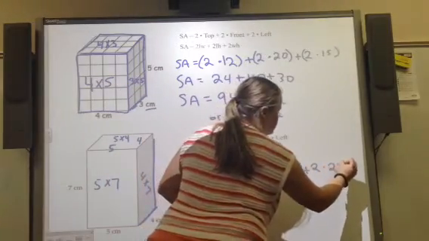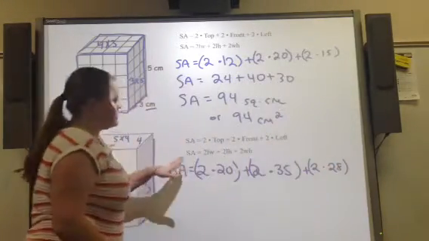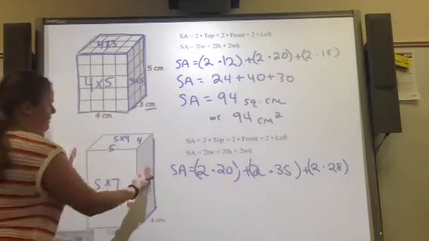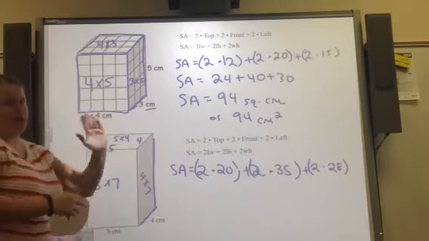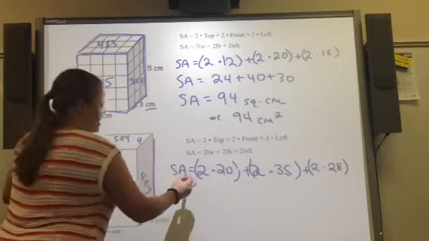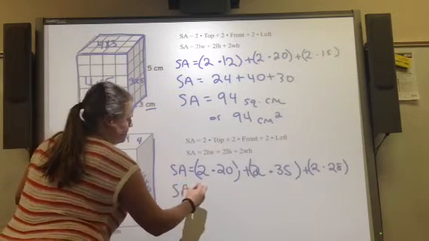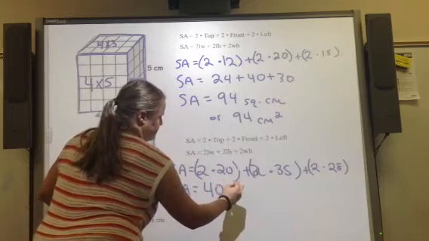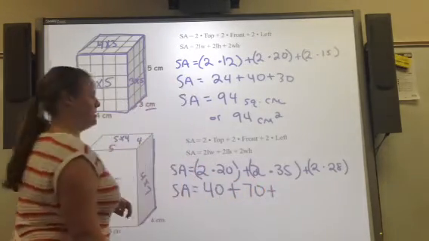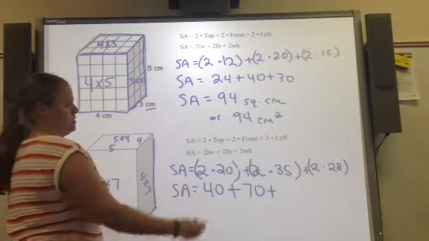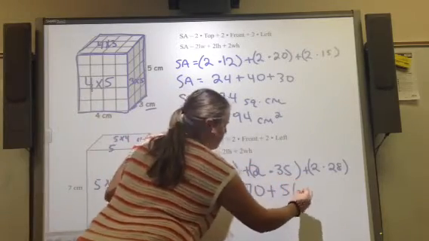So 2 times 28. And again, I'm saying 2 times everything because we have a side and side, a top and a bottom, and a front and a back. That's why we're multiplying everything by 2. When we do that all together, we have 40 plus 70 plus 56.